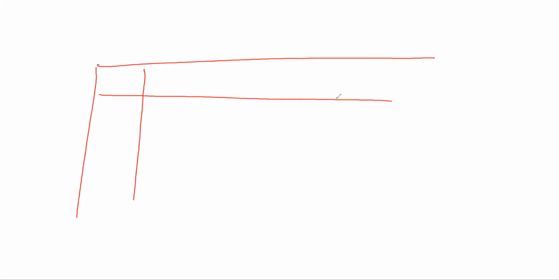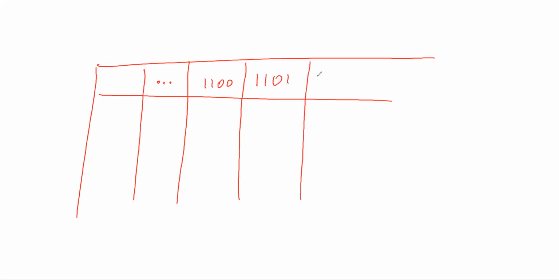So here's how it works. The best way to understand this is with an example. Let's say we have 1100, 1101, 1110.